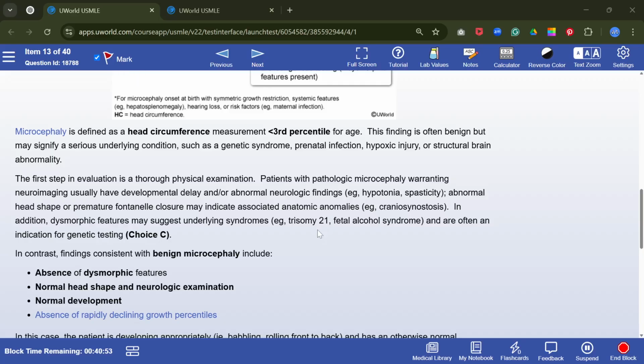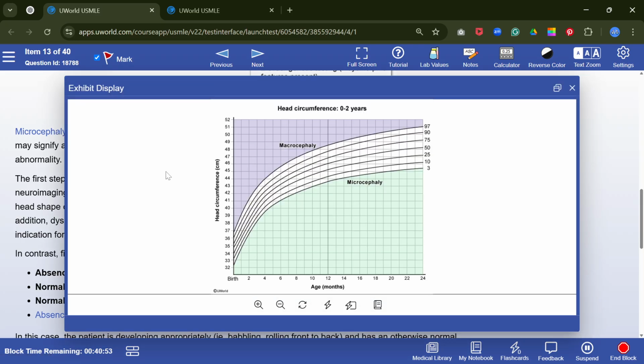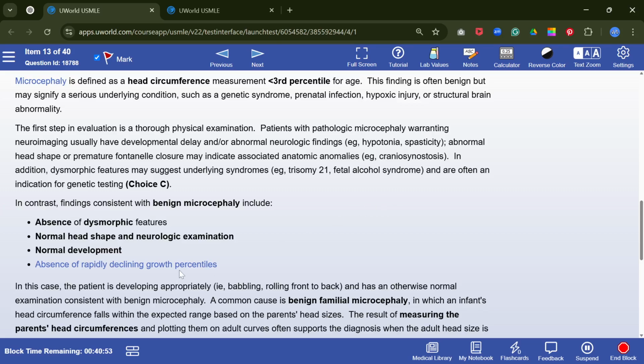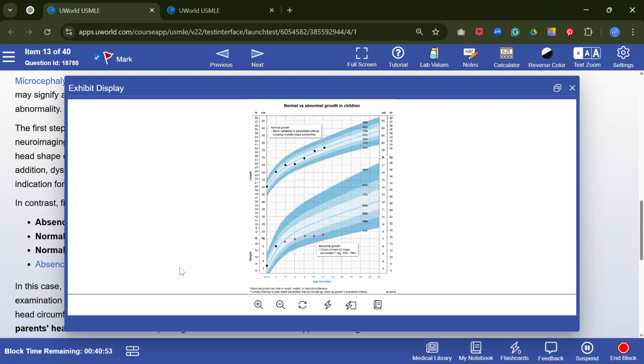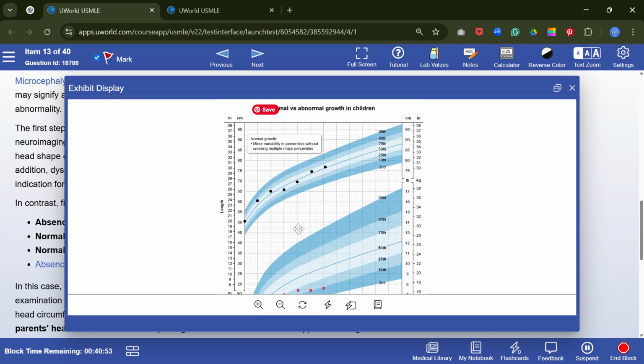Now, first look here. This one is macrocephaly, this one is microcephaly. Macrocephaly, 0 to 2 years; microcephaly, below the third percentile. See closely.